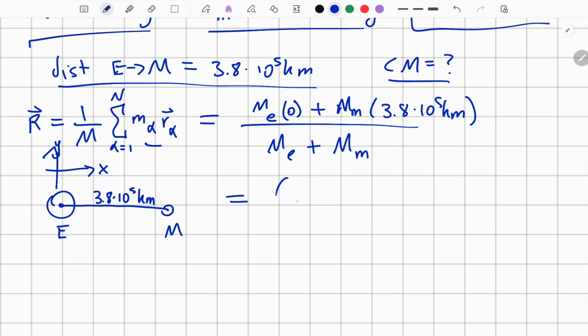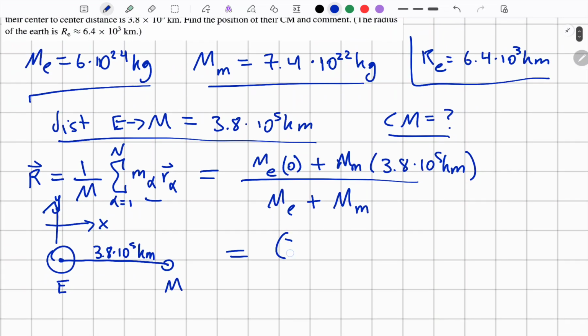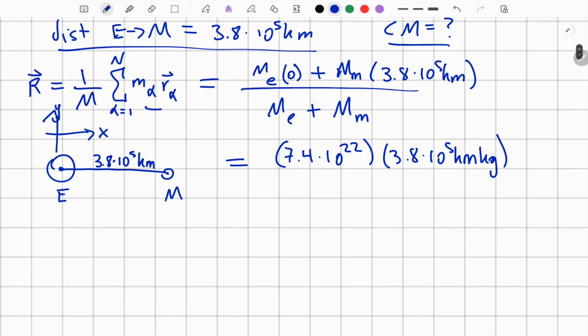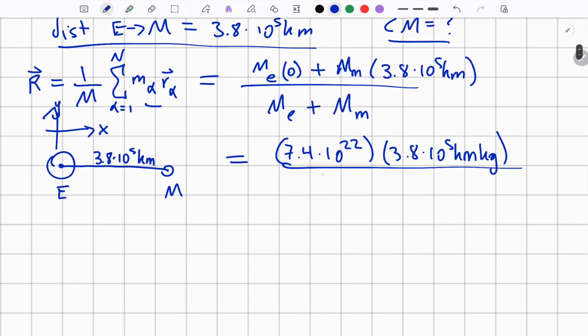We're going to plug in some numbers here. The mass of the Moon. There we go. Then we have the mass of the Earth plus the mass of the Moon.